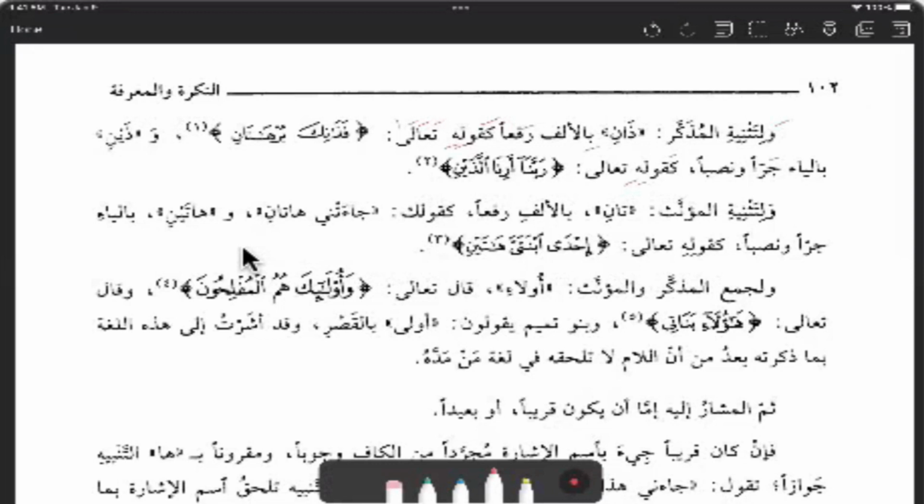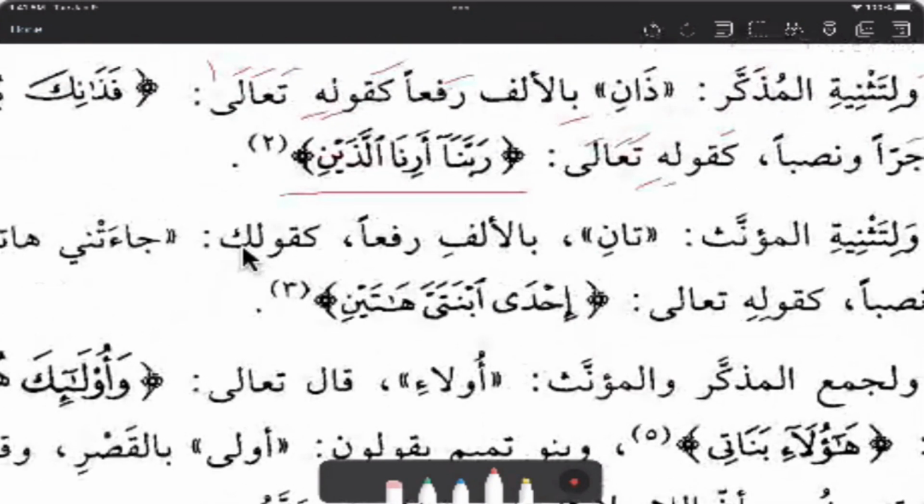So here the author, may Allah have mercy on him, says, كَقَوْلِهِ تَعَالَى رَبَّنَا أَرِنَا اللَّذَيْنِ. That's the example he gives for dhaini. But that's a mistake, because al-ladhaini is different from dhaini.